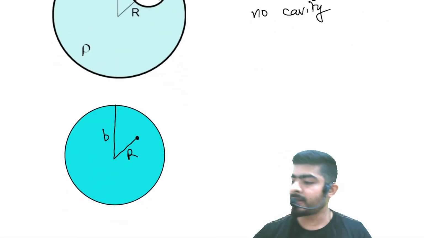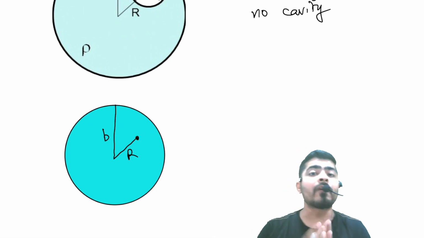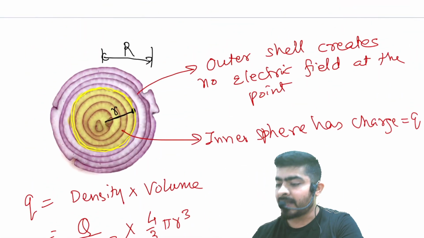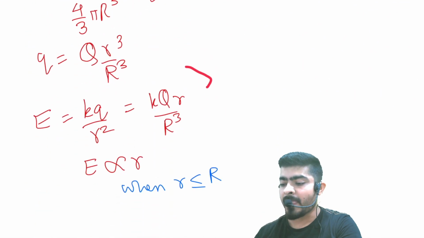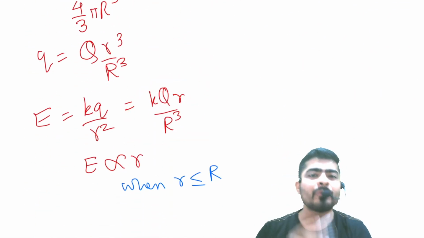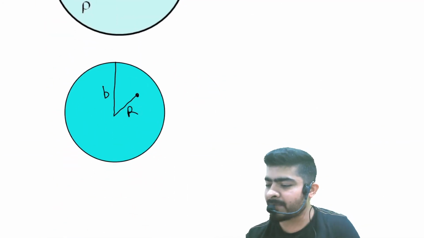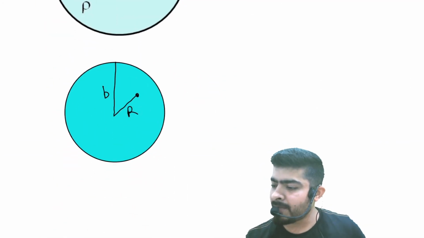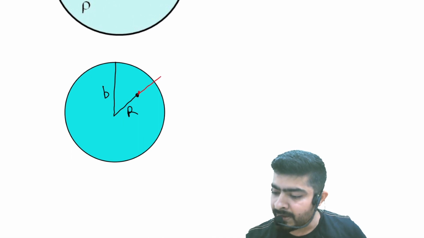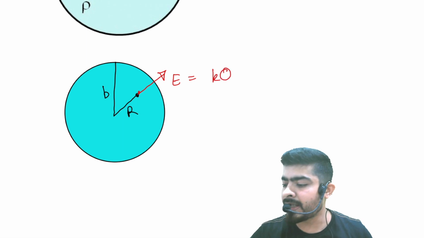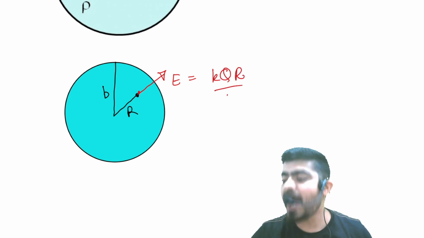Now at this point, what is the formula for the electric field we have just discussed? Inside a solid sphere, the electric field is given by kQr by R cube. So here also I could put the same thing. Here my electric field will be in this direction, given by kQR by b cube.